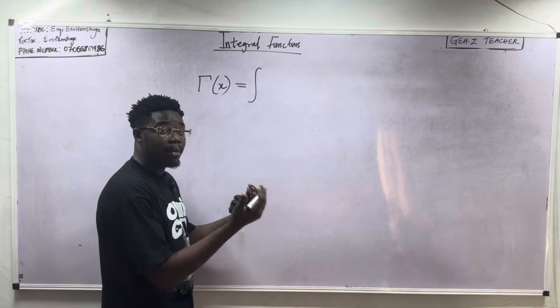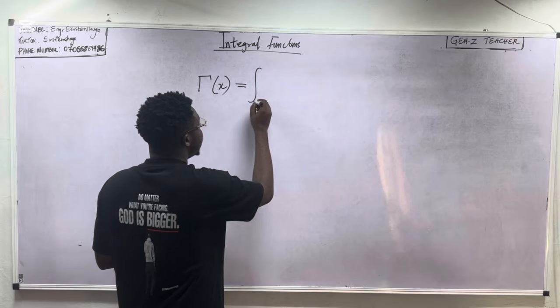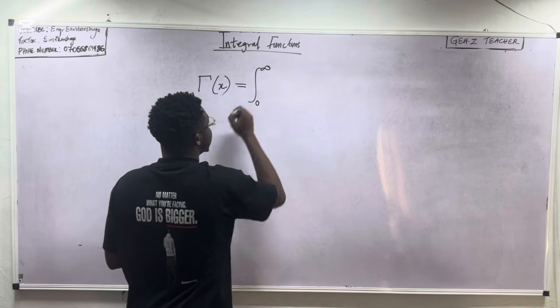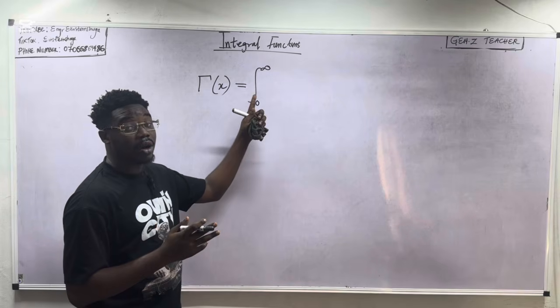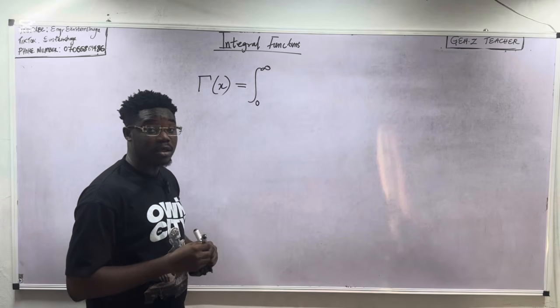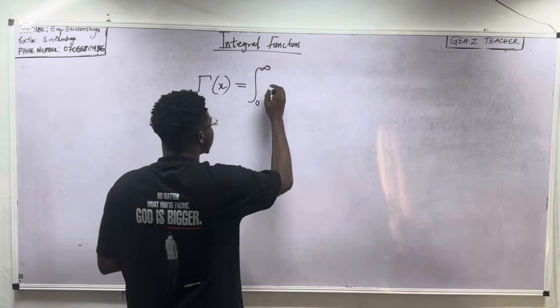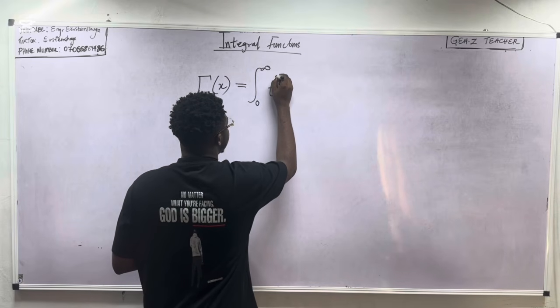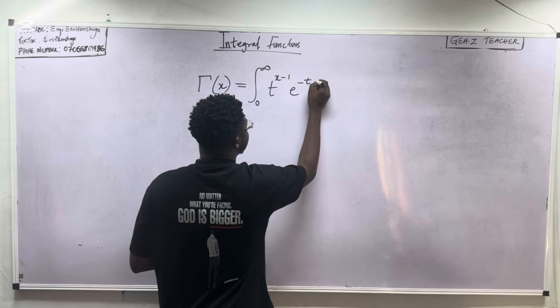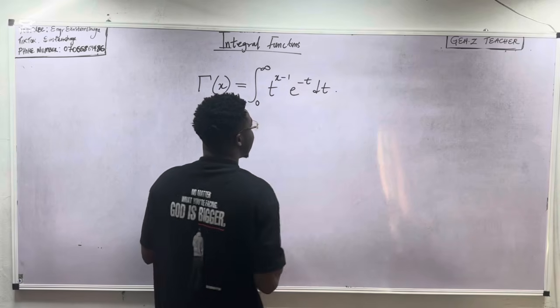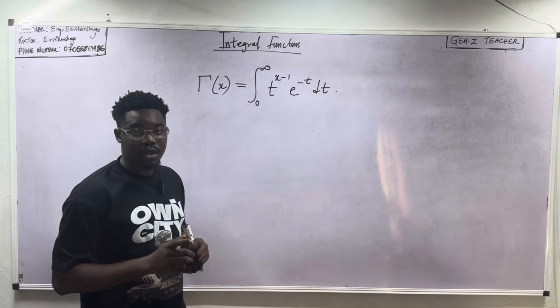For it to be a gamma function, the limit must be from 0 to infinity. So the gamma function of x is the integral from 0 to infinity of t to the power of x minus 1, exponential minus t, dt. Now you're going to observe what's occurring here.